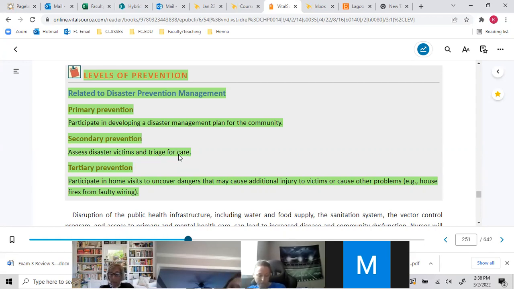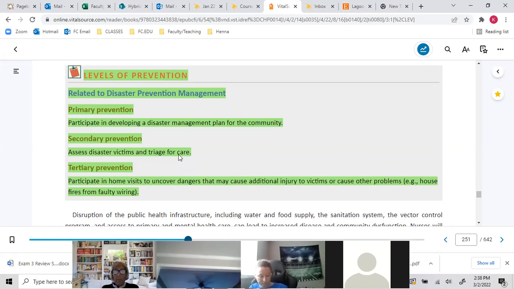Okay, and then tertiary. Why is this tertiary? Participate in home visits to uncover dangers that may cause additional injury to victims or cause other problems. Why is that tertiary? Because you're treating. What are you treating? What's already happened? The disaster. Correct.